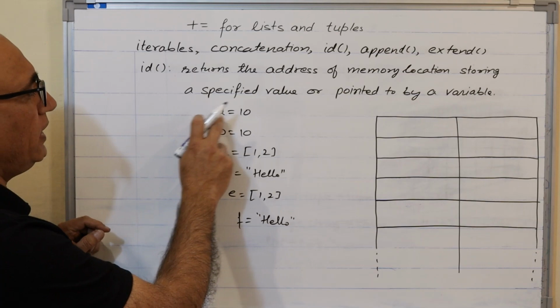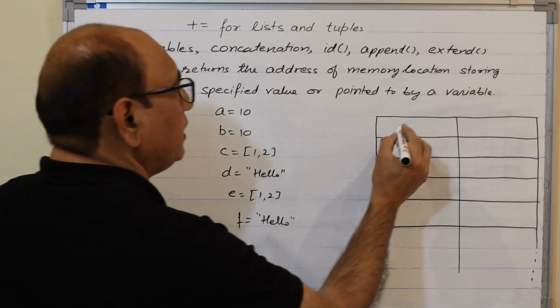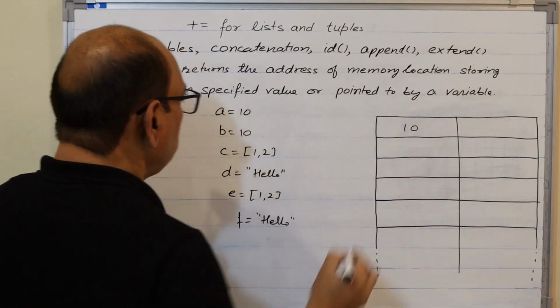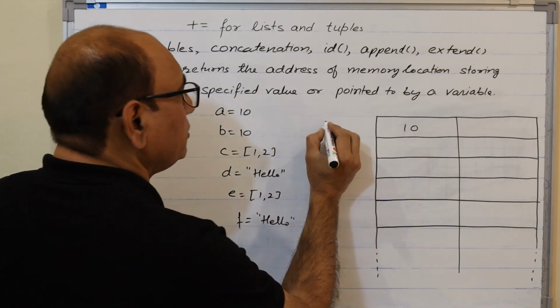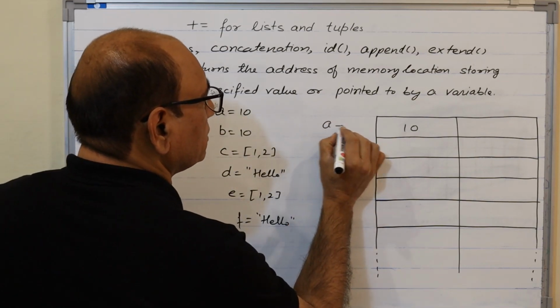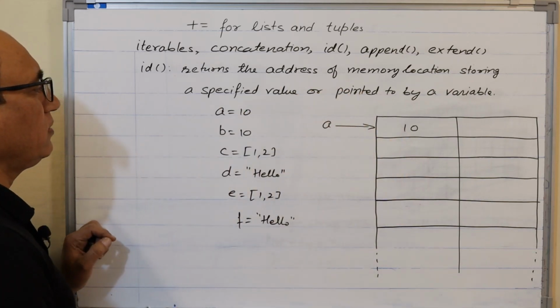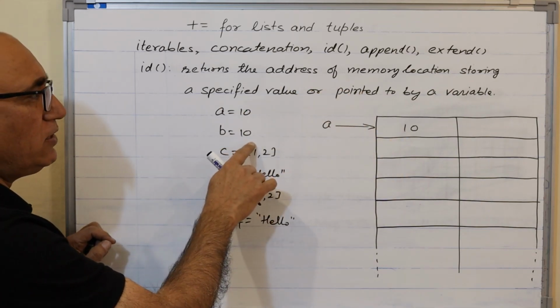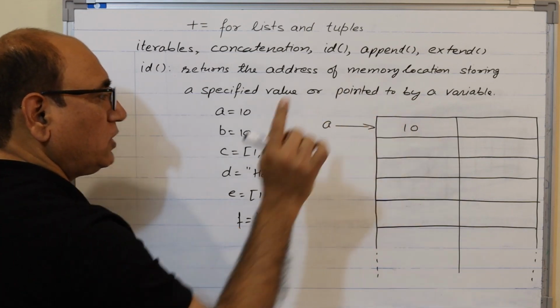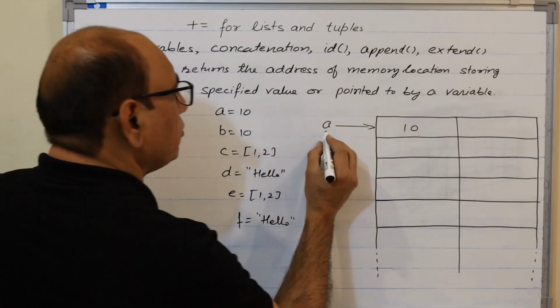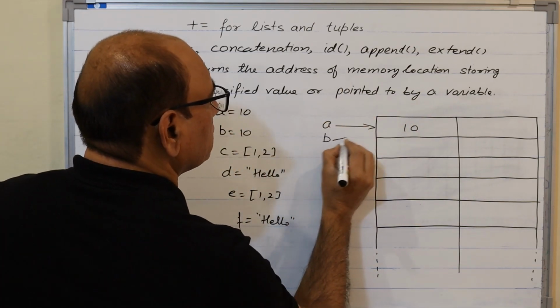First statement, a equal to 10. Value 10 will be stored in a memory location and a will store the address of that memory location. So we say that a is pointing to the value 10, b equal to 10. Because 10 is already stored in a memory location, so b will also point to that memory location.